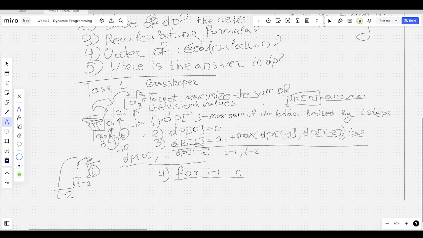The next question, the order. This will be trivial because if the grasshopper is located on step e, he needs to know only dp_(e-1) and dp_(e-2).